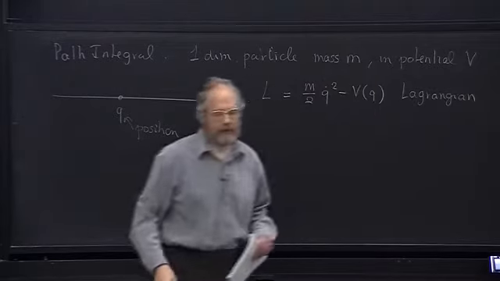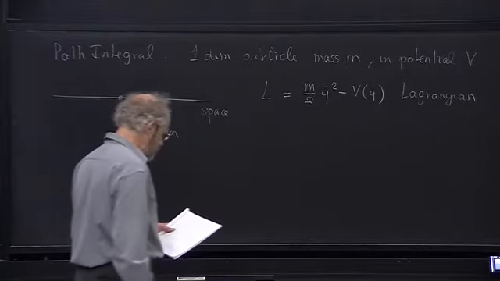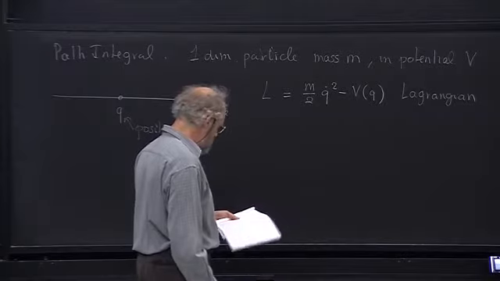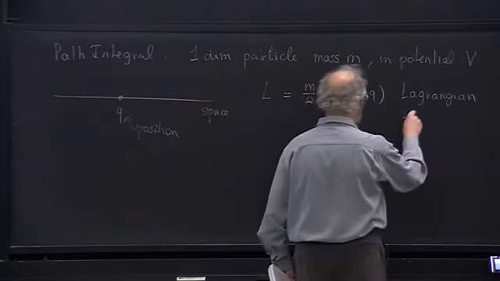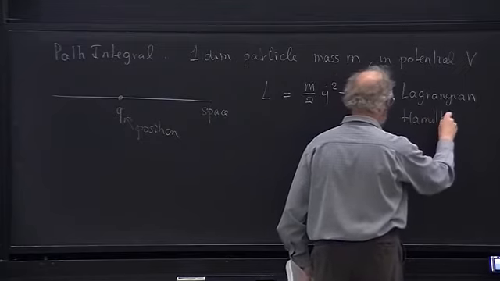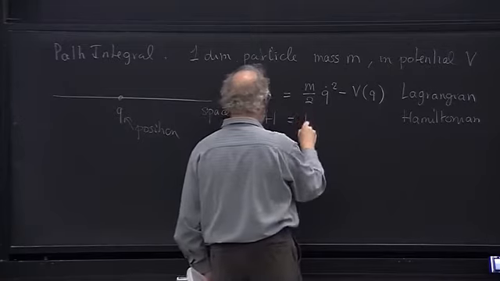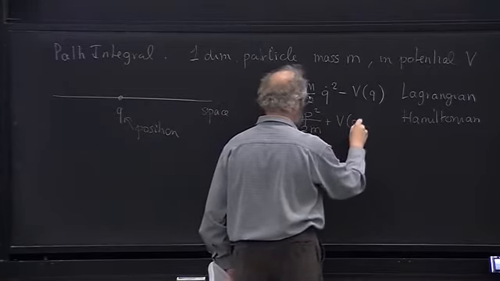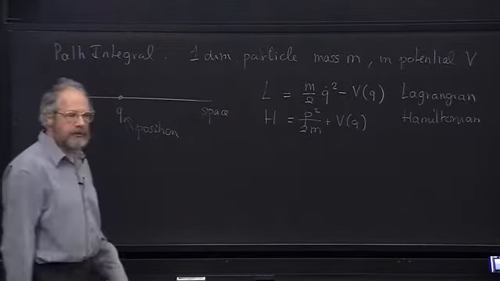And out of the Lagrangian, you derive the Lagrange equation, so the equation of motion, and the corresponding Hamiltonian is H equals p squared over 2m plus V of q, where p is a conjugate momentum to the position.